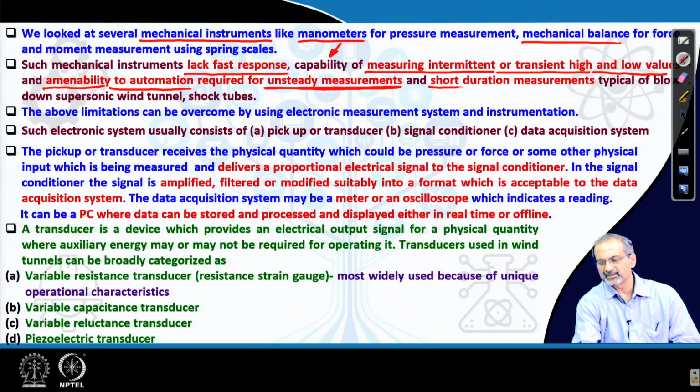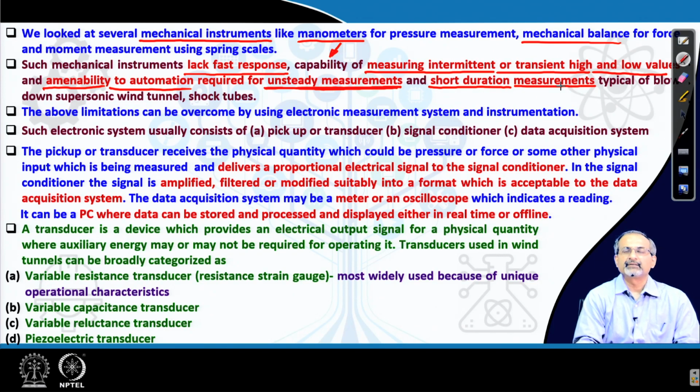Also in aerodynamics, as you already know from your experience with compressible flows, sometimes you have to look at very short duration measurements. Typically, what you see in blow down supersonic wind tunnels, where the blow down time may be short, is that in the initial time you cannot record the data because the flow takes a little time to establish itself.